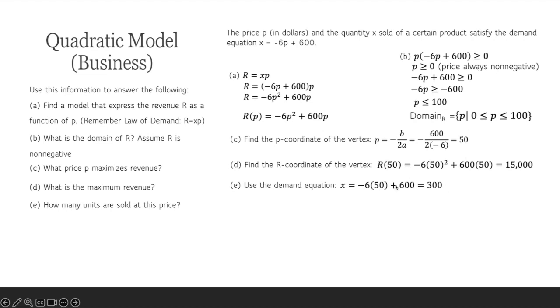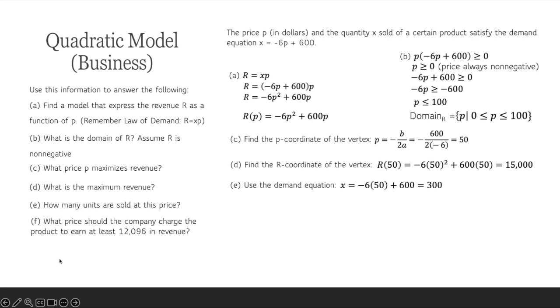So pay attention to this. The maximum revenue that you obtain is when you sell your product for $50, and you have to sell about 300 of this product. And all this takes into consideration that you did the analysis prior with the demand equation.